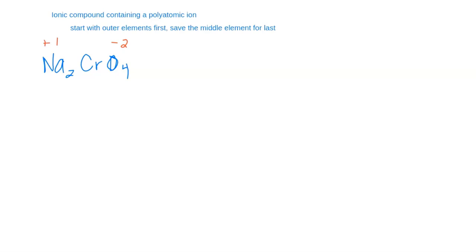So we have two sodiums, each with a +1 oxidation state, plus our chromium we don't know, plus 4 oxygens, each oxygen having a -2 oxidation state, and our overall charge is 0.